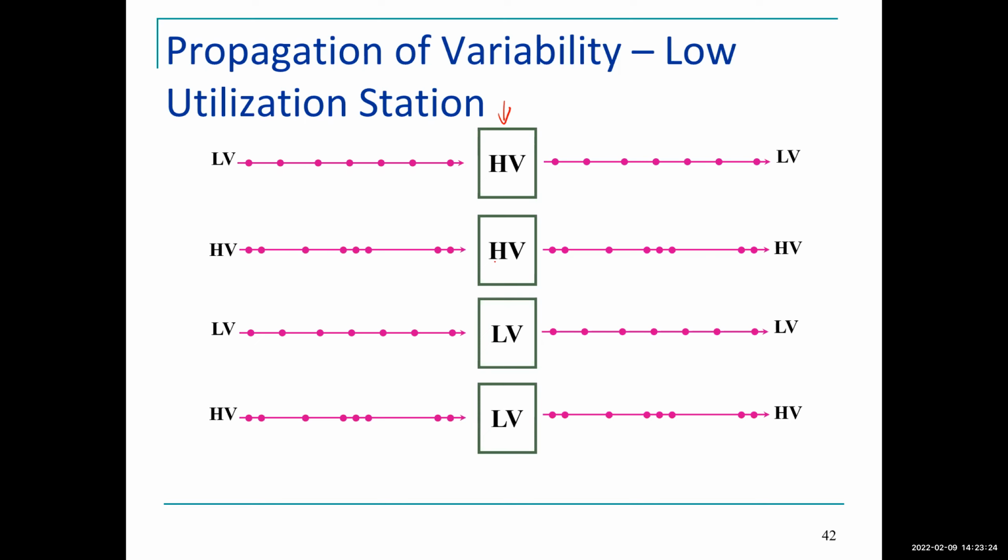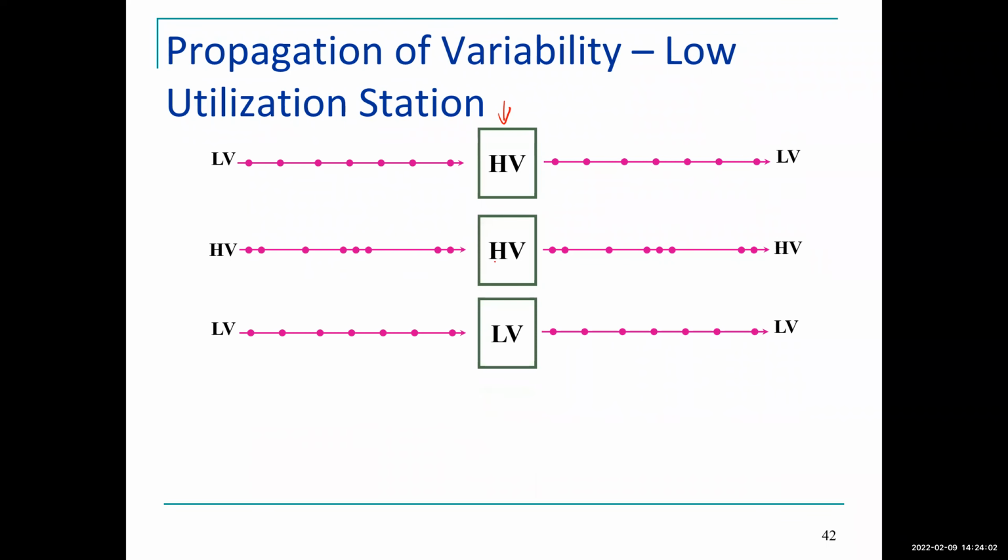So the machine is not going to help you control the output of the process, because since there's no queue, they're basically going in and going out. You have more than enough capacity, you have low utilization, there's no waiting for these parts. So if they arrive with high variability, they are going to depart with high variability.